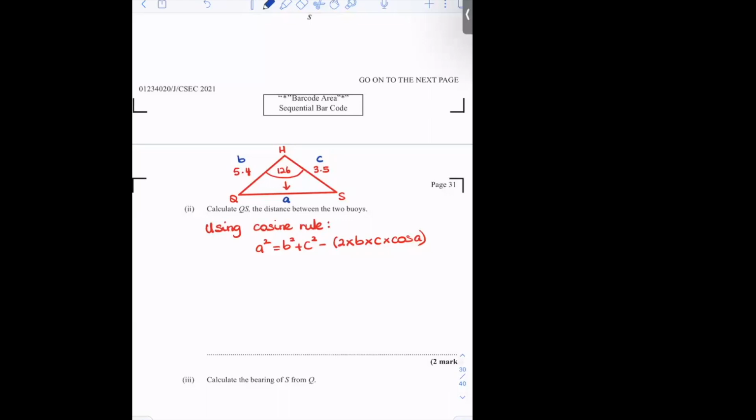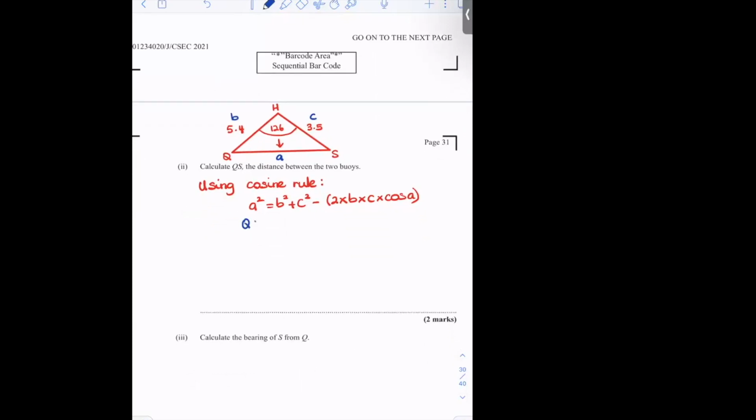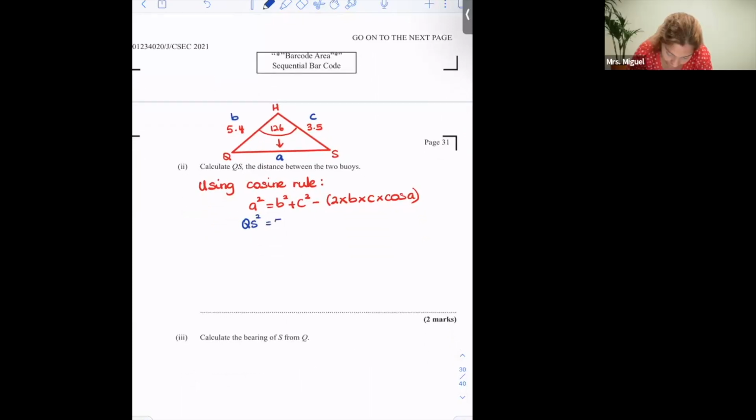Yes, miss. All right. So QS squared is 5.4 squared plus 3.5 squared minus 2 by 5.4 by 3.5 multiplied by cosine of 126.